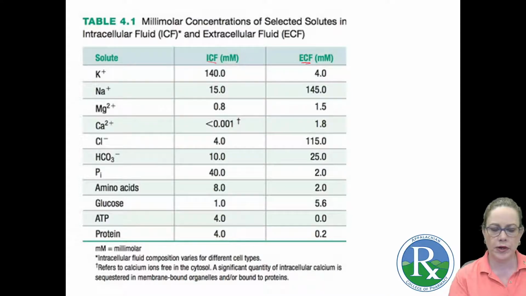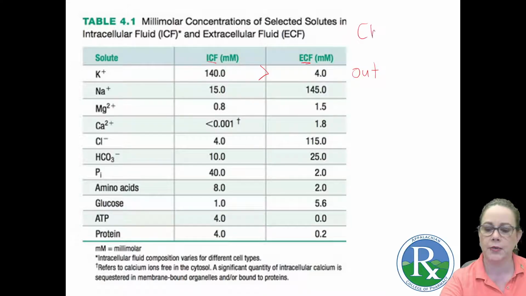So if we go down a few of these. With potassium at the top, we see our concentration inside the cell is greater than the extracellular fluid. So our potassium is going to favor moving out of the cell through this passive spontaneous process. Again, we're looking at chemical driving force only.